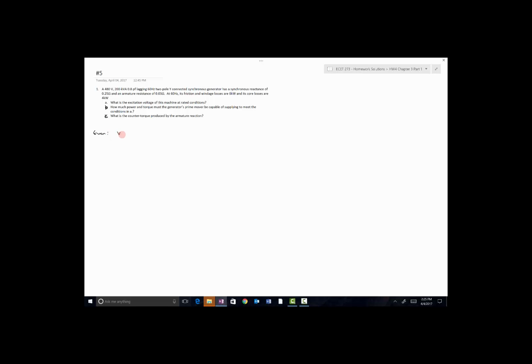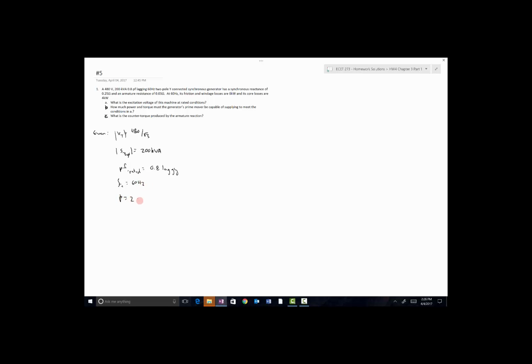Givens in this problem: the terminal voltage is 480 over root 3. The three-phase apparent power magnitude is 200 kVA. The rated power factor is 0.8 lagging. The electrical frequency equals 60 Hertz.